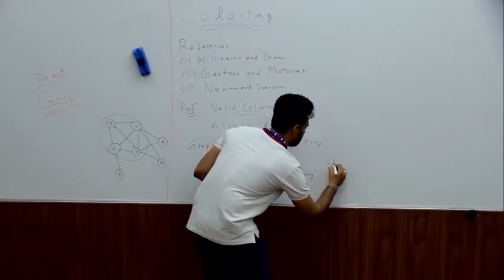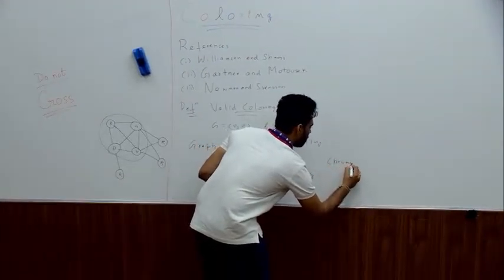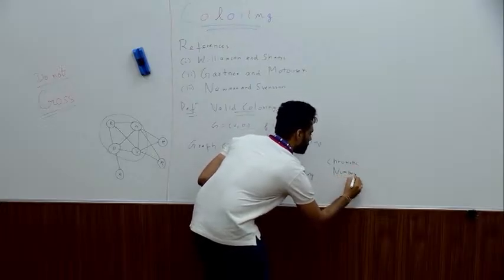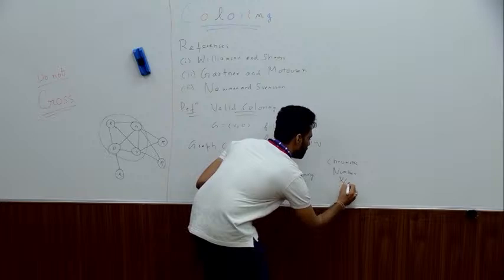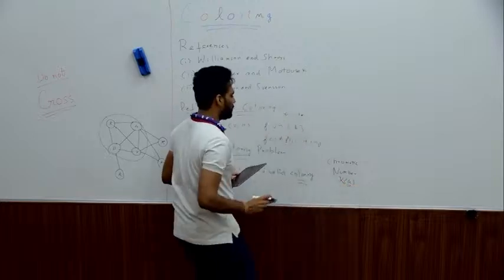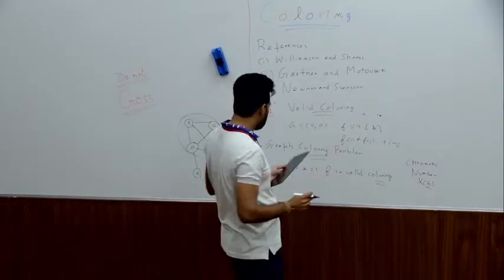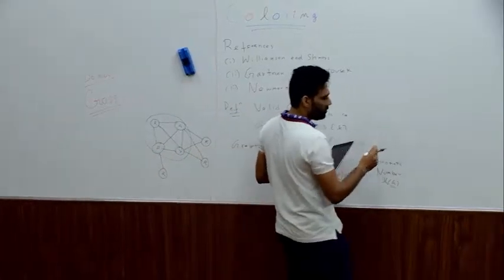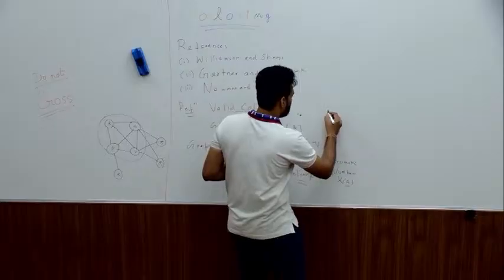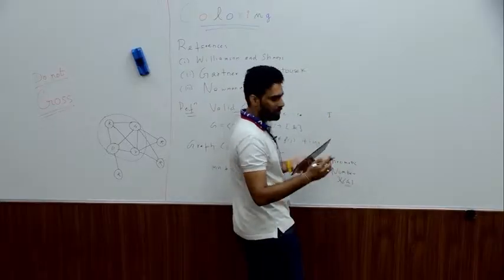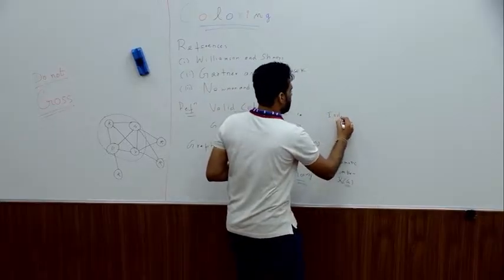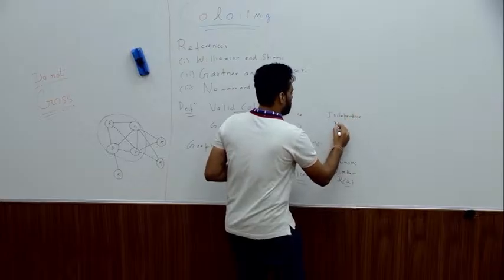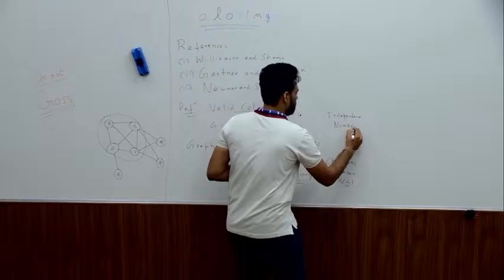The typical notation used is chi of G. And there's a closely related quantity, in which we just noticed some connection here, which you can call the clique number, but I'll call it the independence number. It's just the clique number of the complement graph. Independence number, alpha of G.